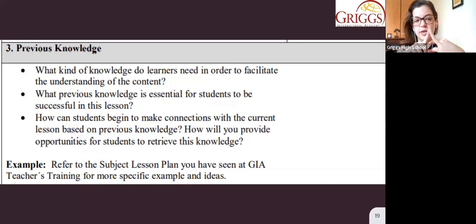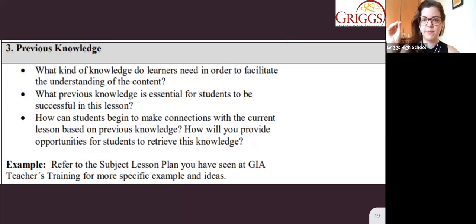And previous knowledge can come from another lesson from the high school, from another subject, from another semester, from another year. This is very valid, very true for American history, and then American government and American literature.